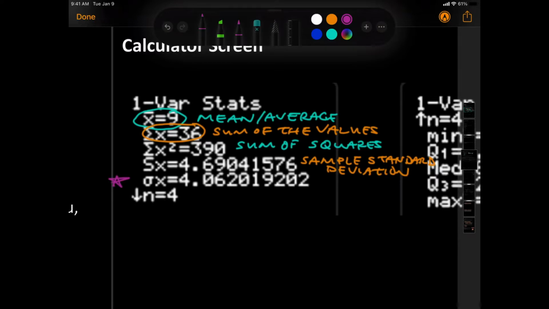We're trying to find the mean, the blue one, and this is called the population standard deviation.